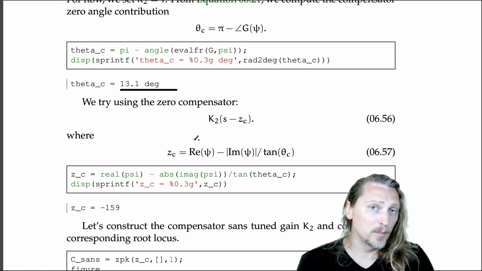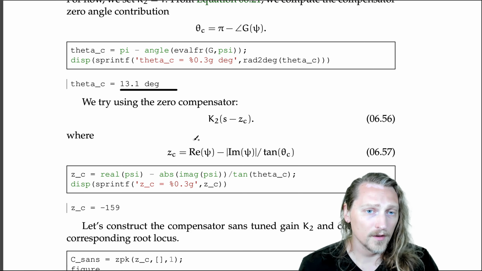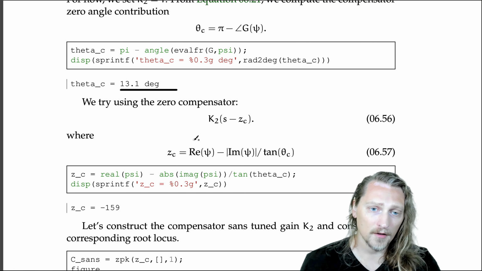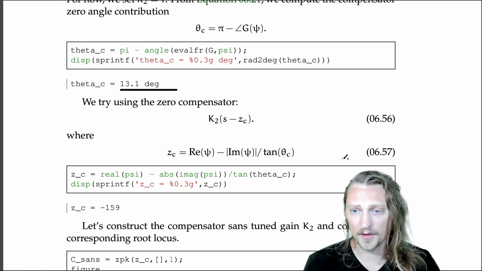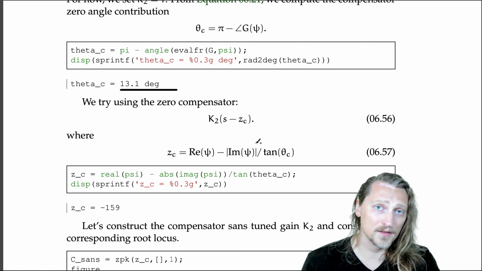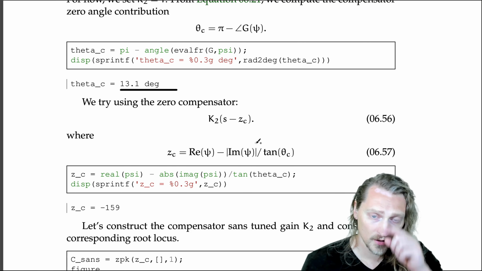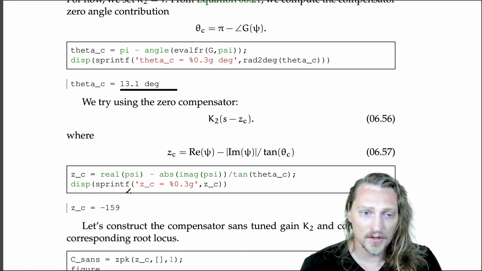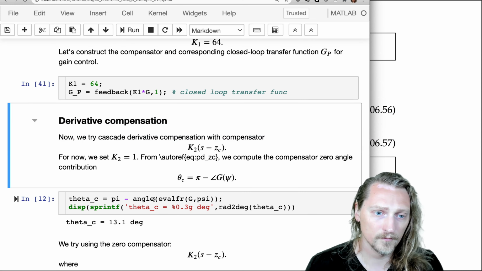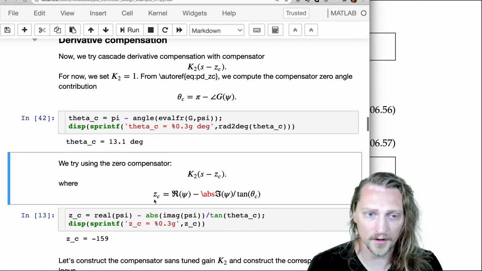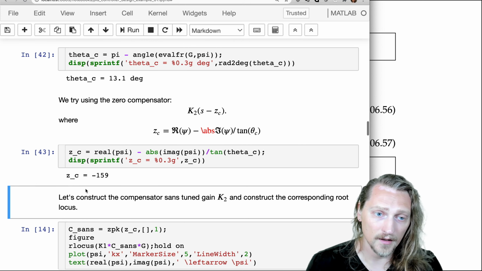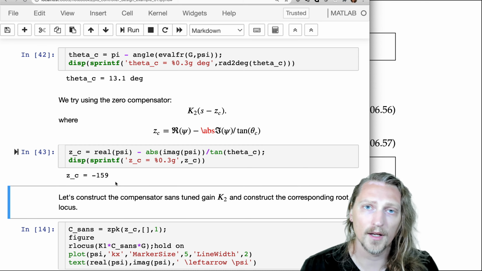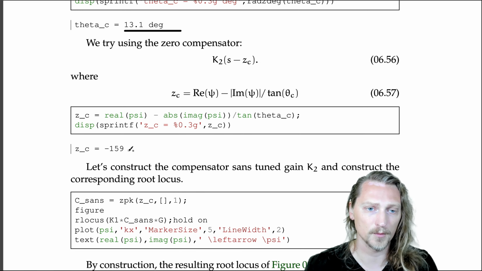To figure out where to put that zero for the zero compensator, we can back out, using equation 6.57, which is essentially just a trigonometric relationship, what the zero location should be. We compute it here in MATLAB. So we computed 13.1 degrees for theta c, and then negative 159 is the zero location. So negative 159 is what comes out.